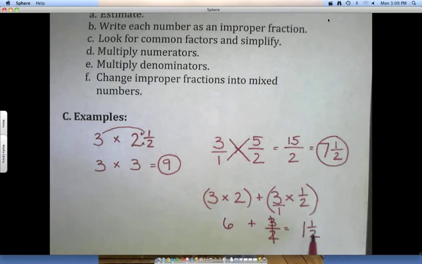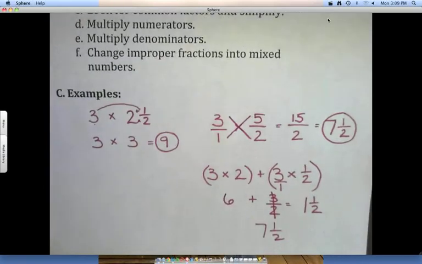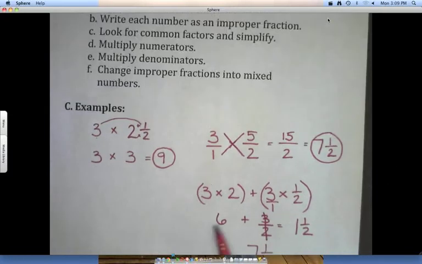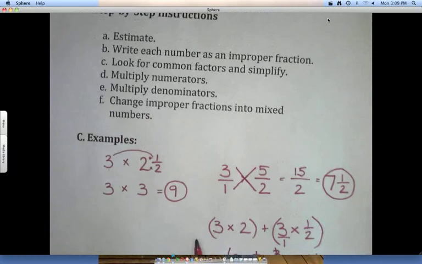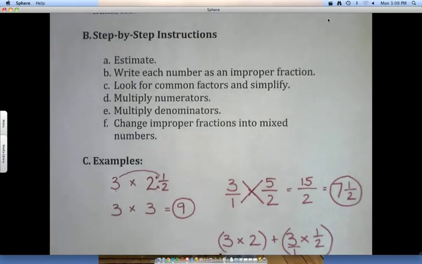So now I have 6 plus 1 1/2, which would equal 7 1/2. So again, distributive property would be another way of solving for the product of two mixed numbers. But for our purposes today, we will mostly be using the step-by-step instructions from up above.